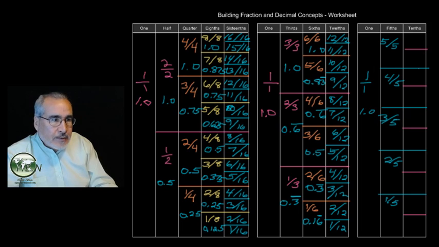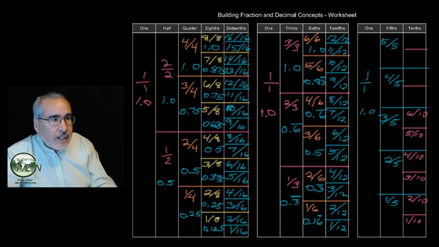And what we end up with is we've got now 10 pieces, and we'll label them 1/10, 2/10, 3/10, 4/10, 5/10, 6/10.